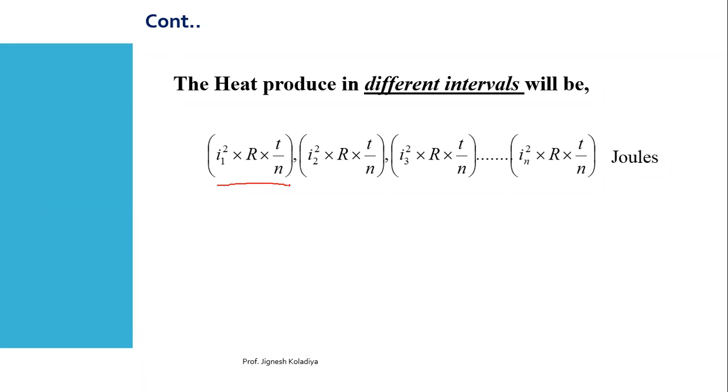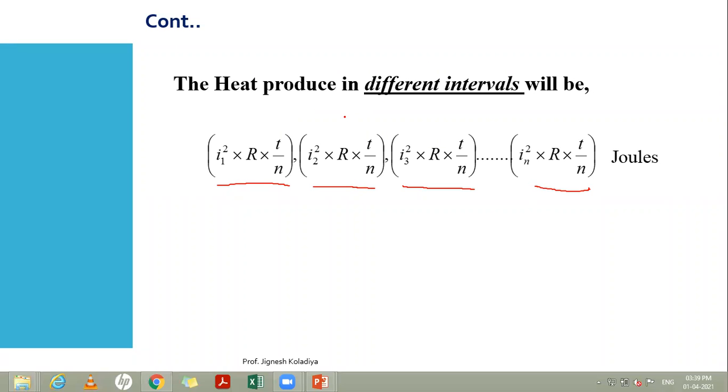Due to I1, it is I1 square into R into T by N. Due to I2, it is I2 square into R into T by N. Then I3 square into R into T by N up to In square into R into T by N. So are all of you getting up to this? Just give the response in the chat box.